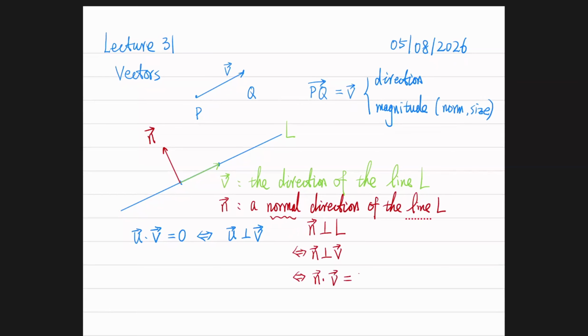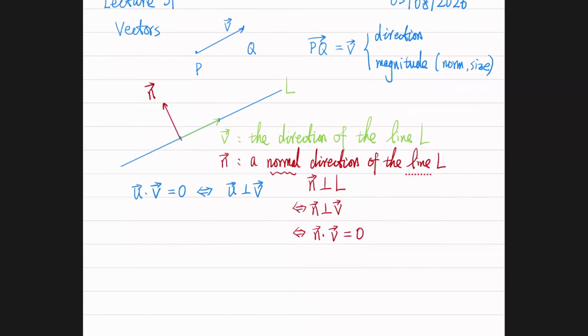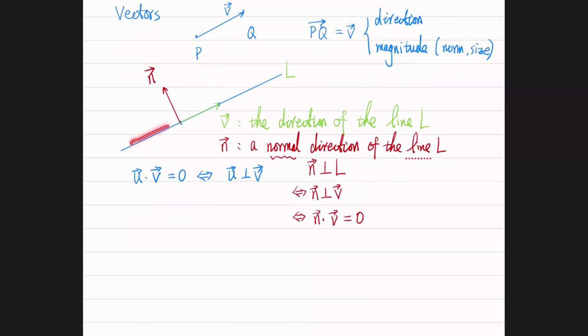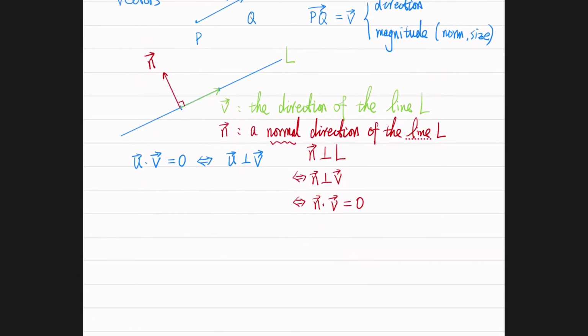Okay, so given the direction of the line, a vector is a normal vector if the dot product of this vector with the direction is 0. Then we have the following theorem.